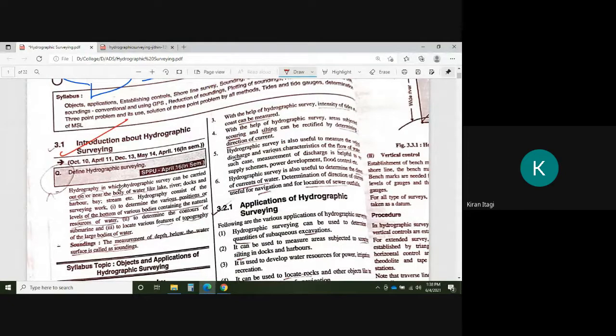Hydrographic surveying can be carried out on or near bodies of water like lakes, rivers, docks, harbors, bays, streams, etc. Hydrography consists of survey work to determine the various positions or levels of the bottom of various bodies containing natural resources.